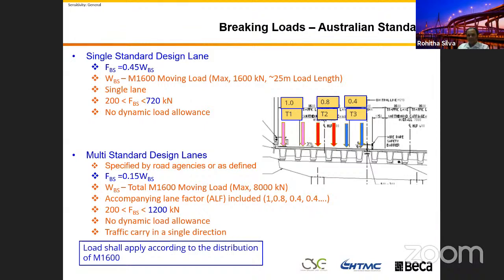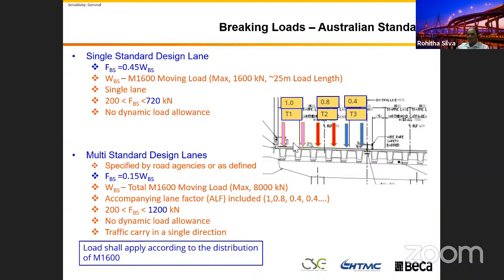But the numbers differ between codes. In the Australian standard, if you use a single design lane or single imaginary truck, depending on the length of the bridge, your braking load can go as large as 720 kilonewton. The maximum value is 720 kilonewton.